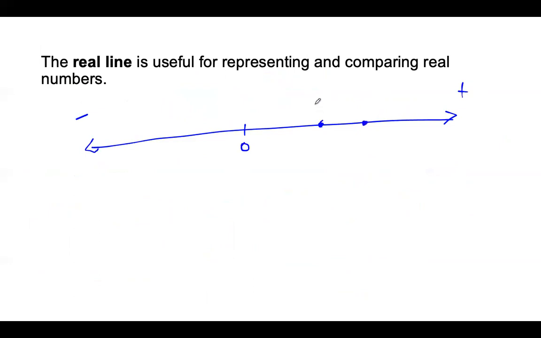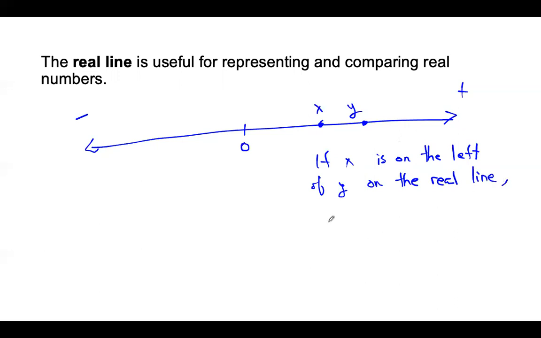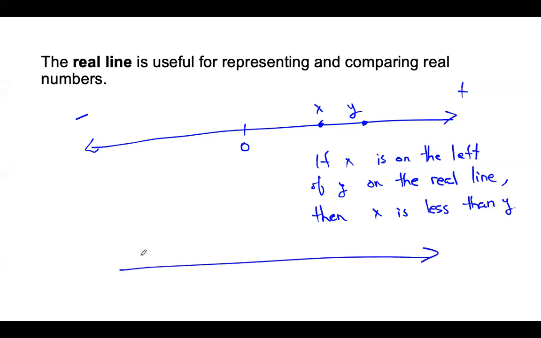We can take two numbers like X and Y, and if X is on the left of Y on the real number line, then X is less than Y. If we draw a picture where 3 is X and Y is 4, then pi is between the two numbers. So it's just about drawing the number line.